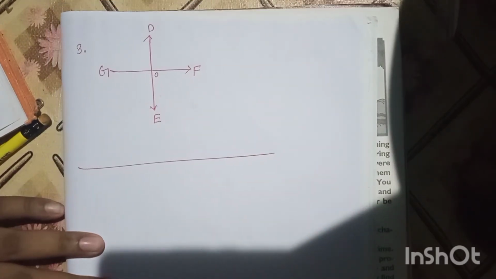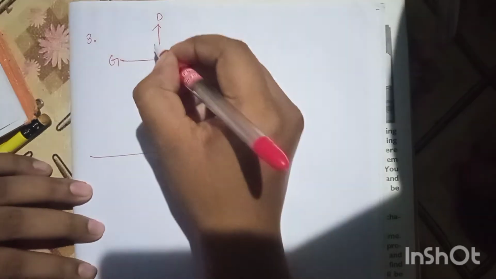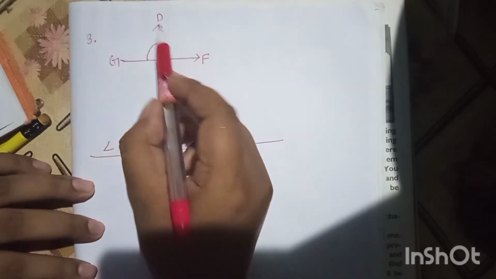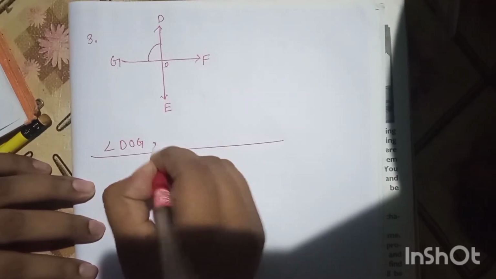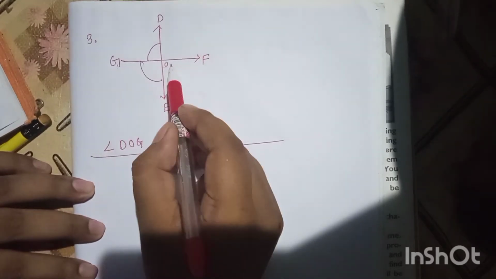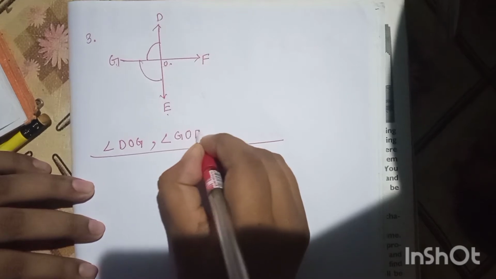Let us say question number C. In this figure, how many angles are there? You can see this is one angle, that is angle DOZ. Next one is angle ZOE.